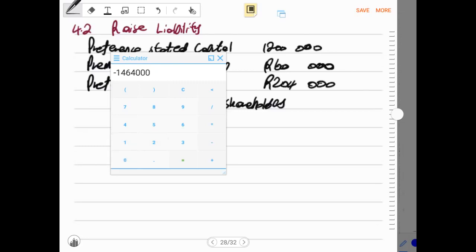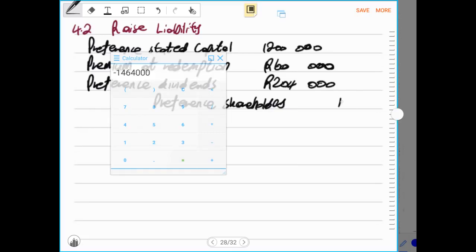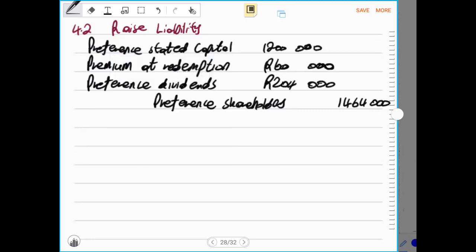That means the preference shareholder will receive a lump sum of 1,464,000. This is what will be paid to the preference shareholder. And another portion, which is 36,000, we calculated to be the dividends tax that is due to SARS.